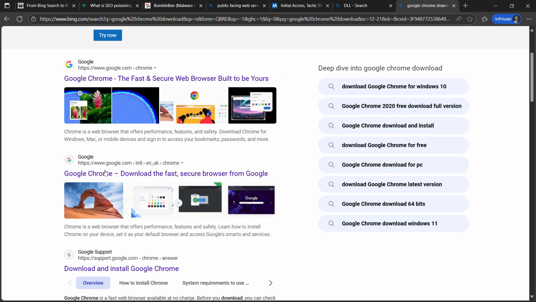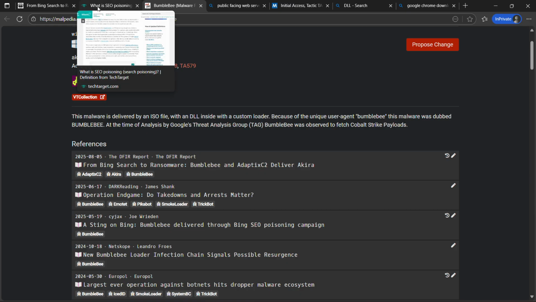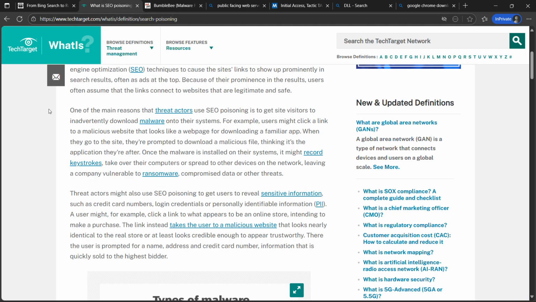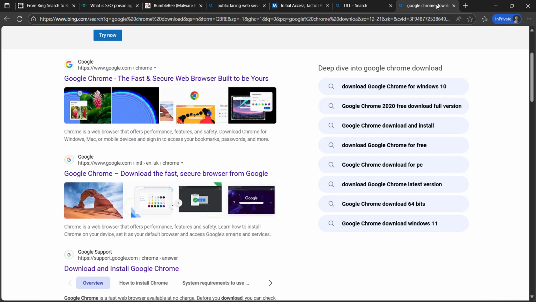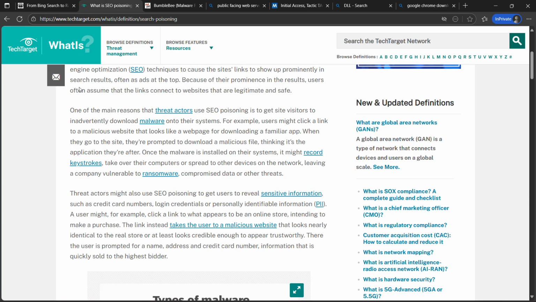The topmost search will be an ad, a malicious advertising, and it will look legit. It will look like a legitimate Google Chrome downloading website, but it's a malicious website. And if you download Chrome there, it's not Chrome. It's most likely malware that you downloaded.